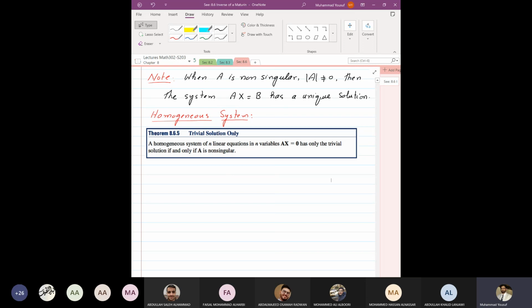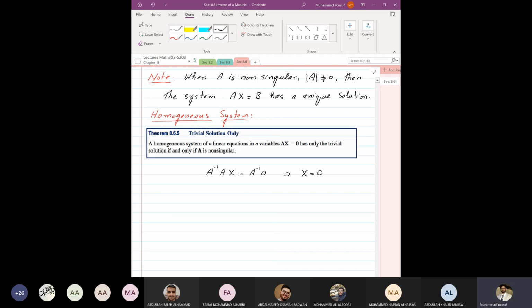So if A is non-singular, then we can find A inverse, and when we multiply A inverse with Ax equal to A inverse with 0, this implies x is equal to 0. So the only solution we have is the trivial solution.